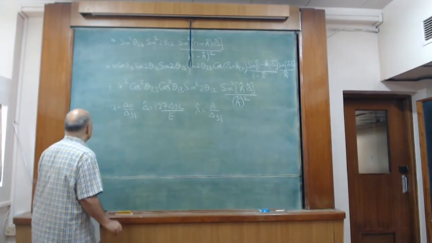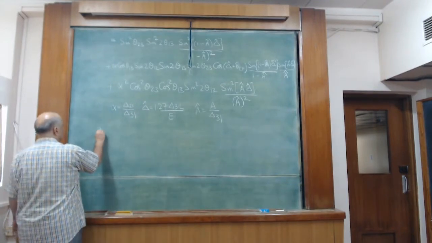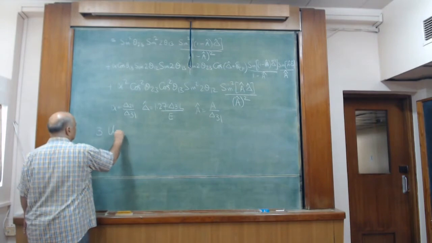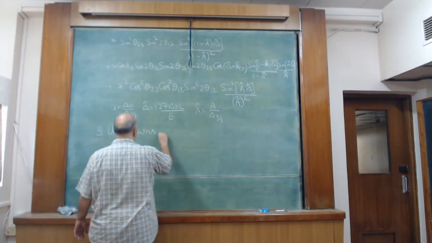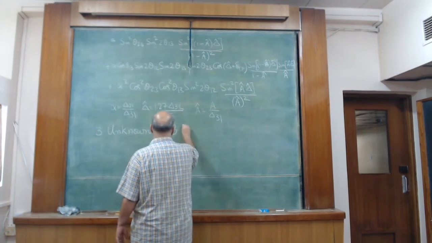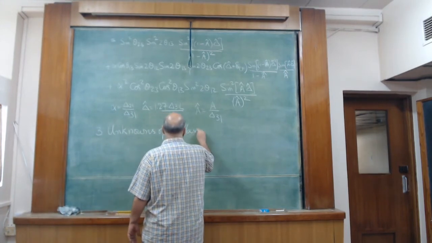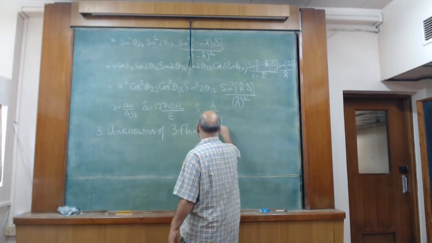So first, let me list what are called the three unknowns of three flavor oscillations.